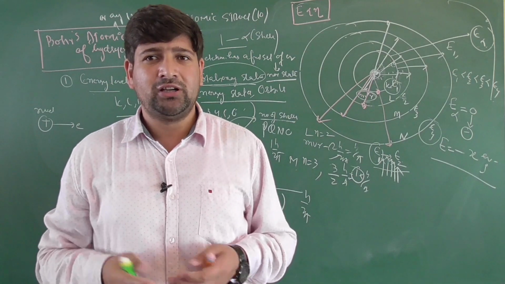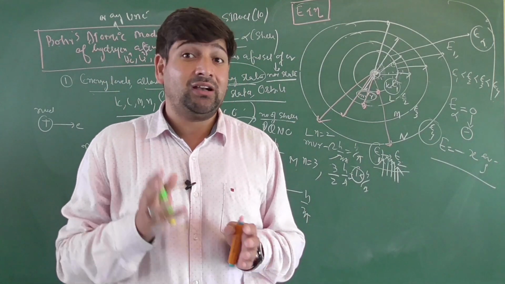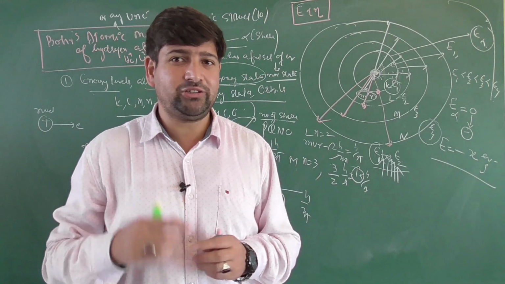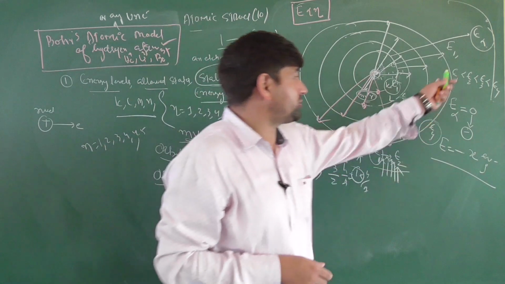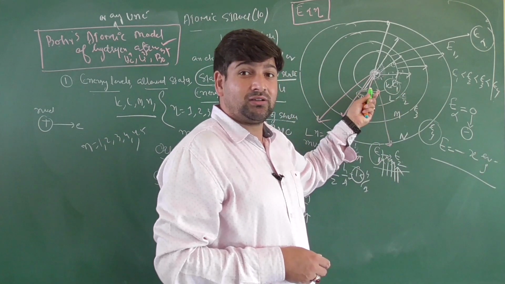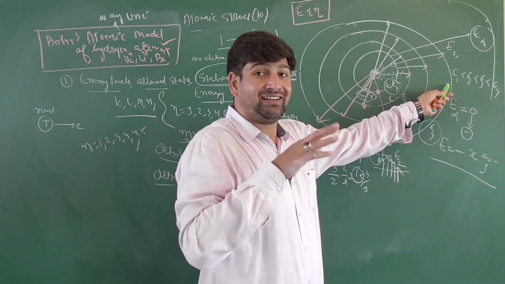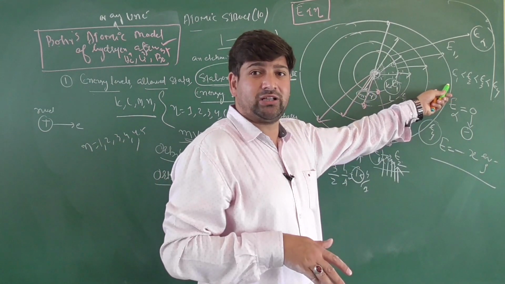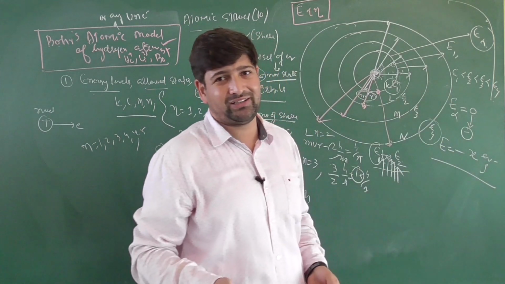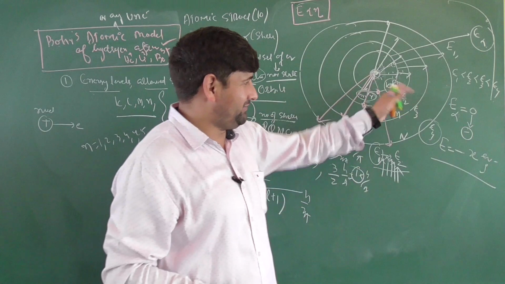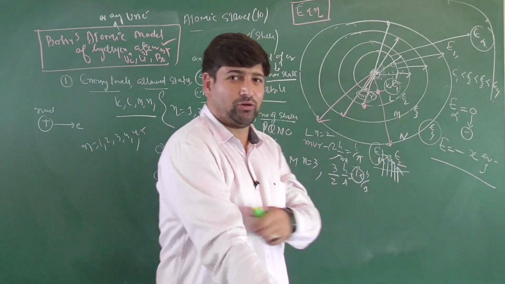A very simple thing: if it is close to the nucleus, there will be a higher negative value. If it is far from the nucleus, it will be a less negative value. Less negative means more energy, and more negative means less energy. Am I clear? I will anyway explain when we do the mathematical formulations.